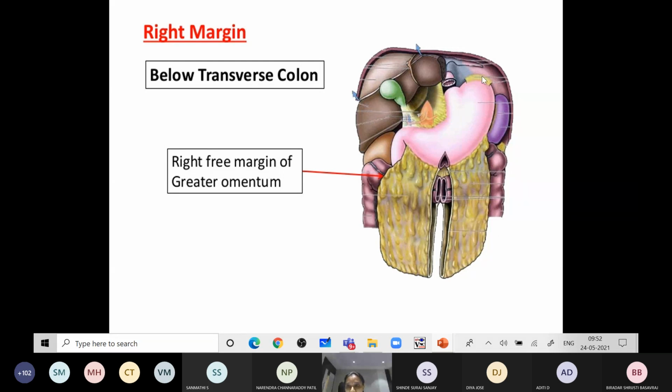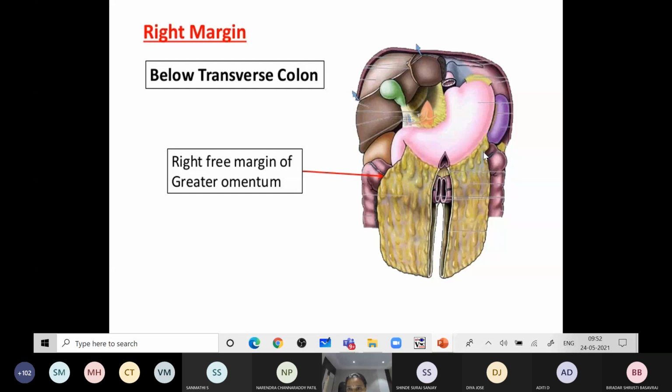On the left side it is sealed, because the lesser omentum in the upper part, from the anterior surface of the stomach, is reflected over the diaphragm as the gastrophrenic ligament, so it is sealed. From the greater curvature to the spleen as the gastrosplenic ligament, there it is sealed. Below, in the lower part, the left margin of the greater omentum.